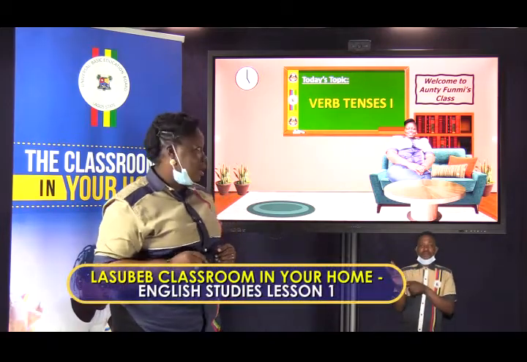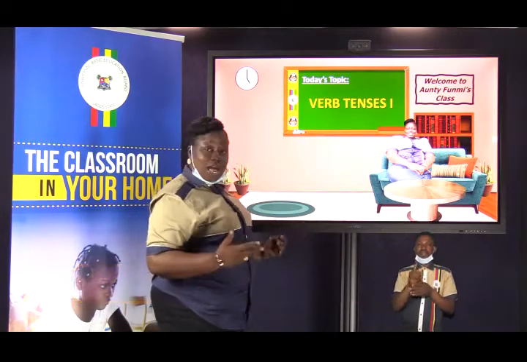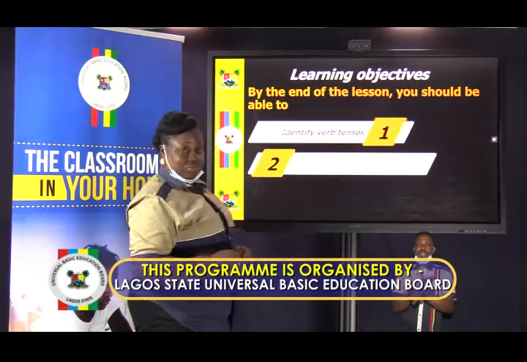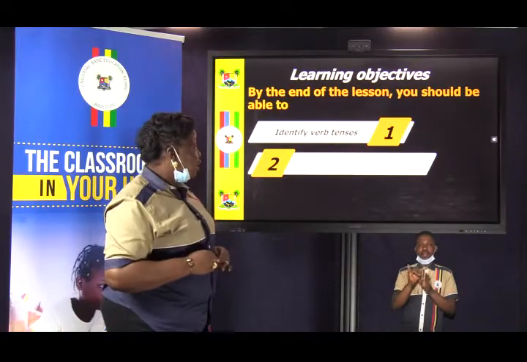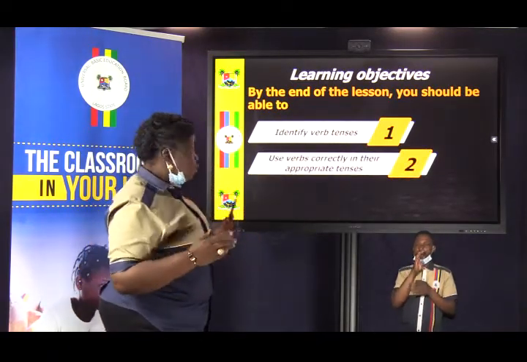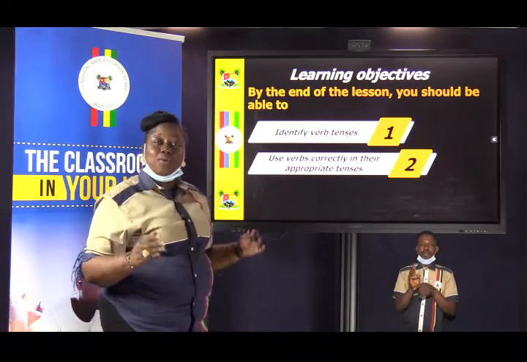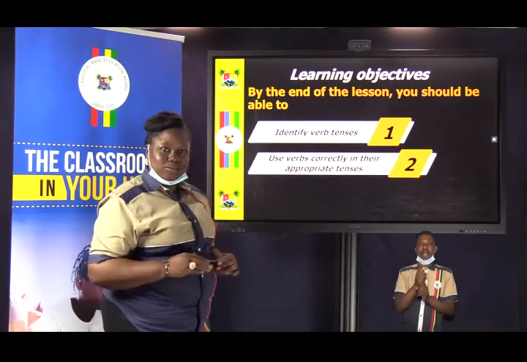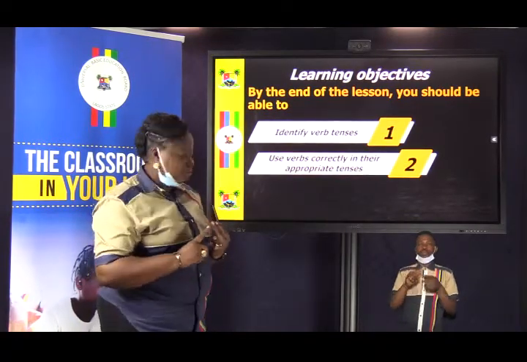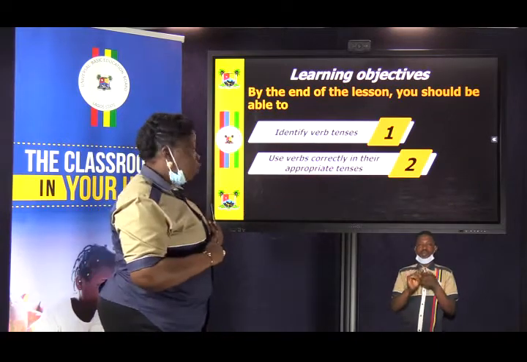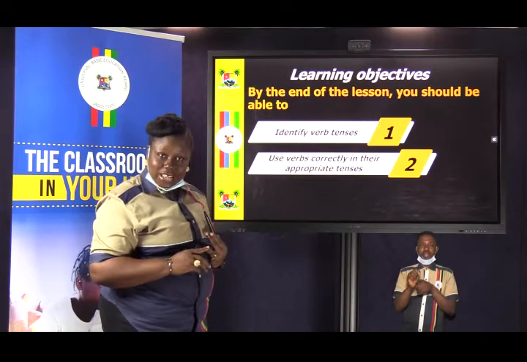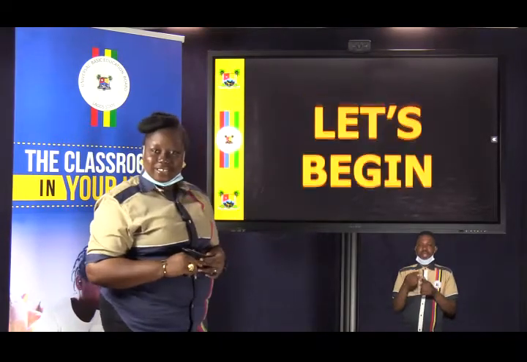By the end of today's lesson, you should be able to identify verb tenses, and you should be able to use verbs correctly in their appropriate tenses. Are we ready? Then, let's begin.